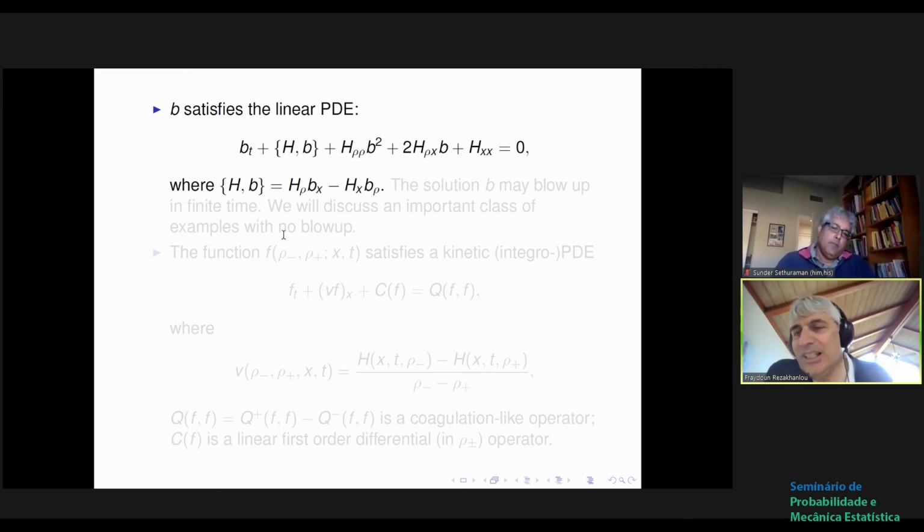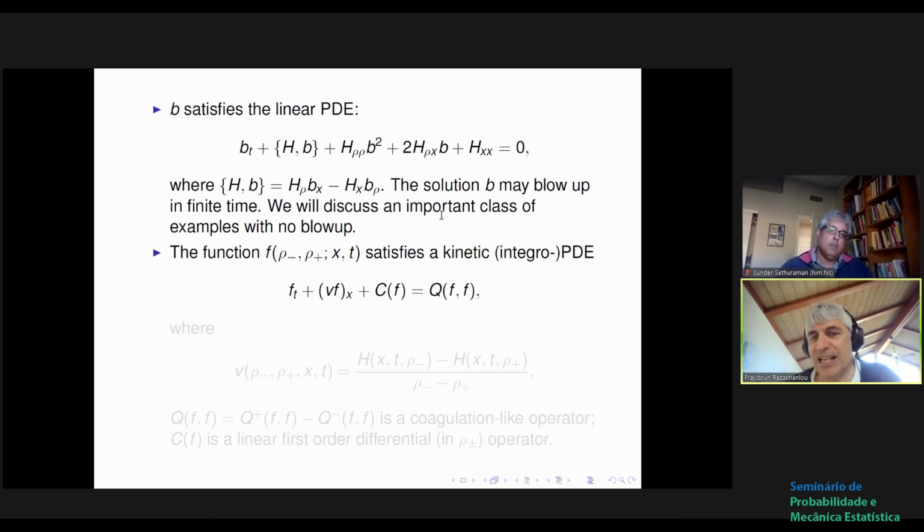After all, this is somehow the method of characteristics in disguise. And that's why the Hamiltonian ODE, which is the underlying ODE behind this PDE, should be featured. That's why this Poisson bracket shows up. So you have this linear PDE in B that you have to solve. That would be the drift.